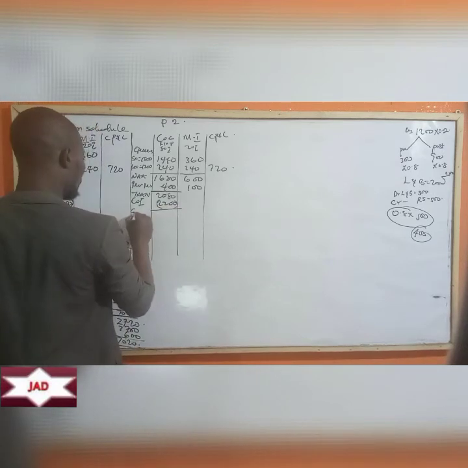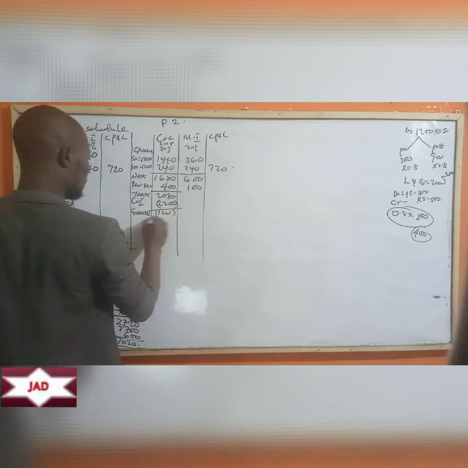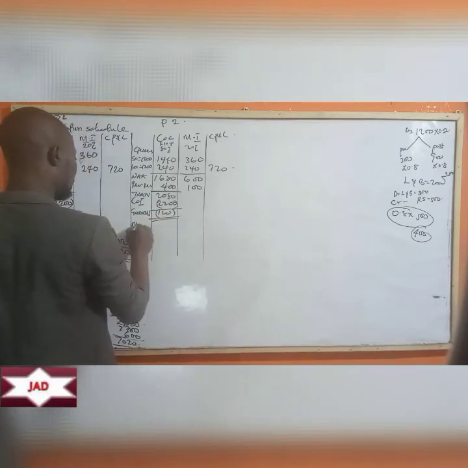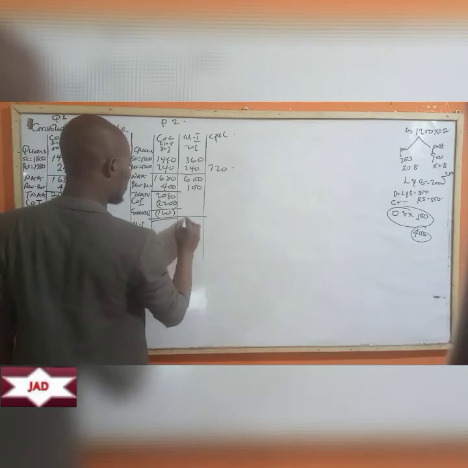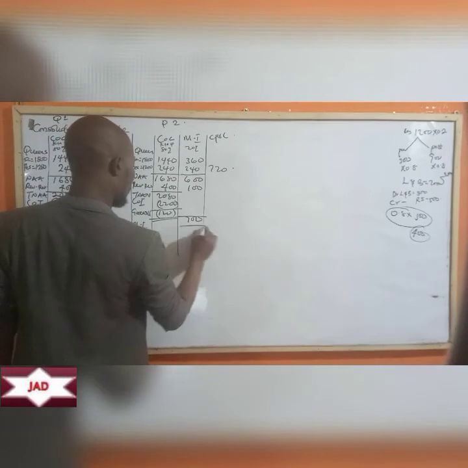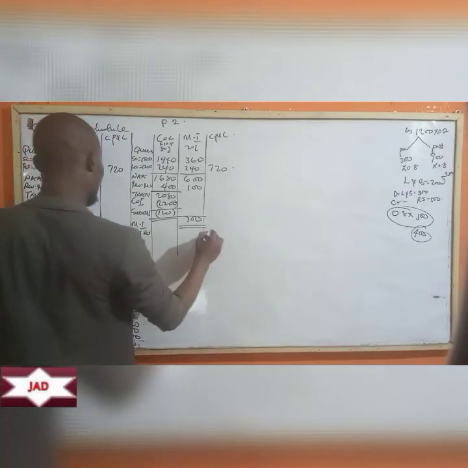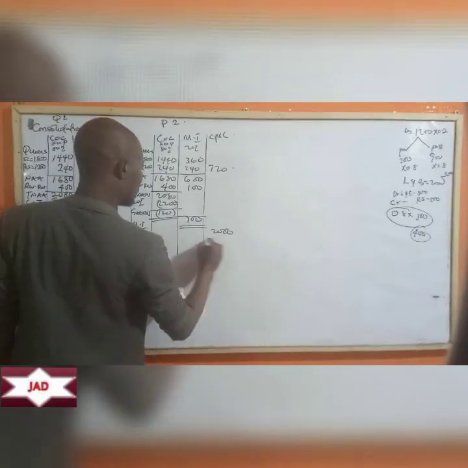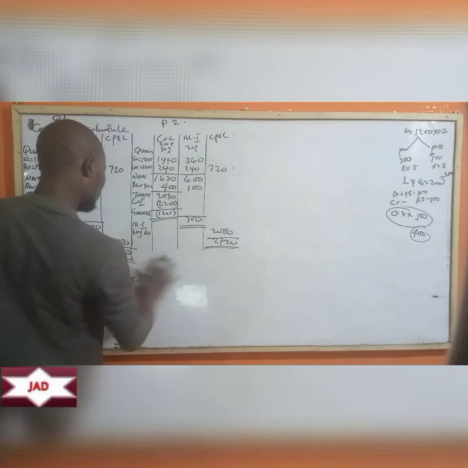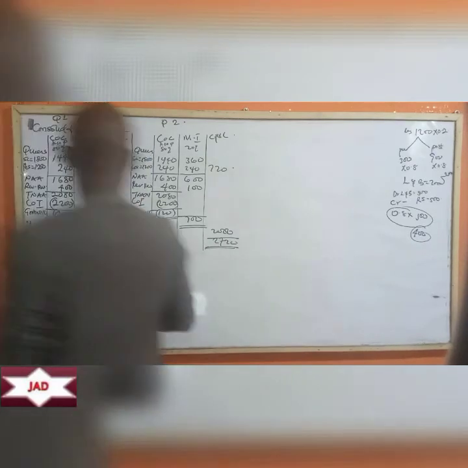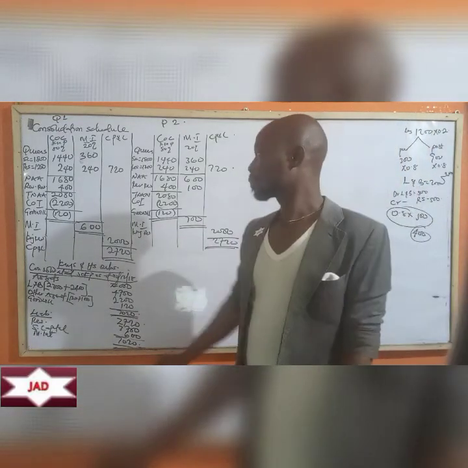So your goodwill here is still 120. But your minority interest has increased since we're taking their share, to 700. So King's reserve is the same thing here. So we have 2,720.